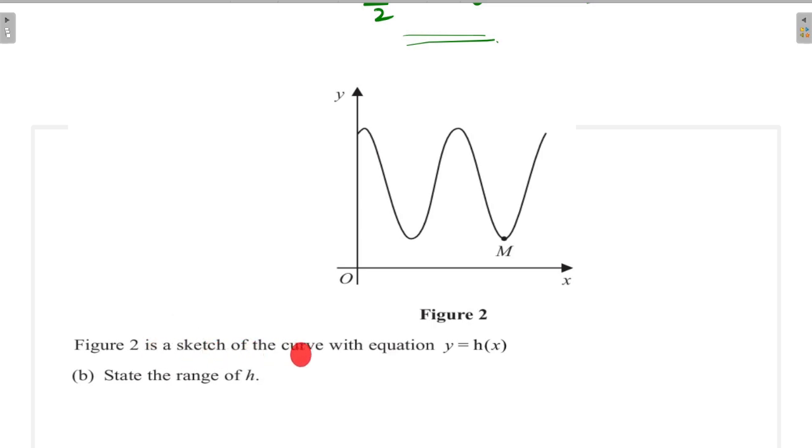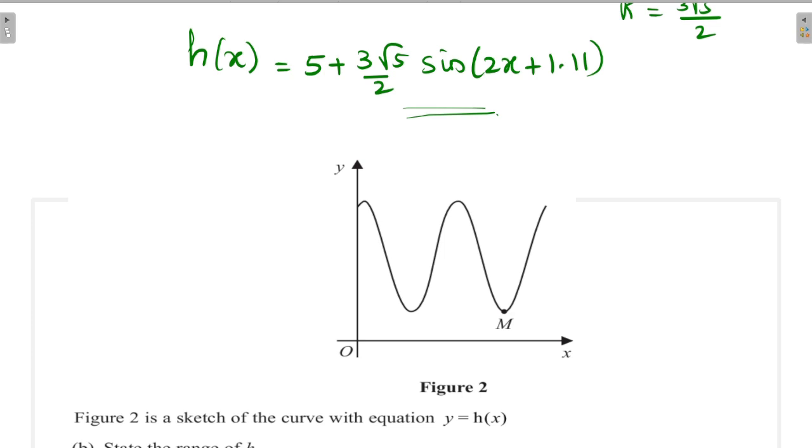Figure 2 is a sketch of the curve with equation y equal to h of x. State the range of h. So what is h of x? Just before, we found the expression for h of x. Now let us find the range of this curve. We know that the range of sin x is -1 to 1. The minimum value is -1 and the maximum value is 1, and in between all the values are possible.